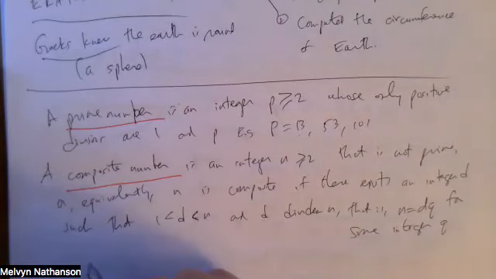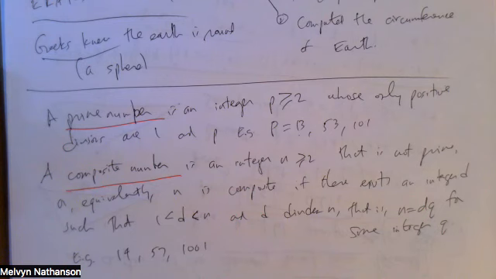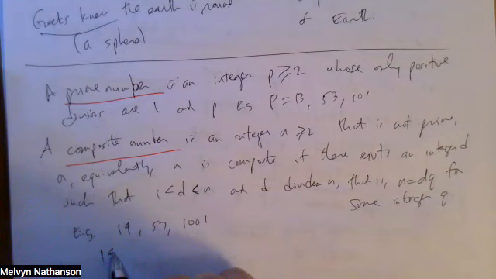So for example, 14 is composite. 57 is composite. 1001 is composite. Why is 14 composite? Well, 14 is 2 times 7.